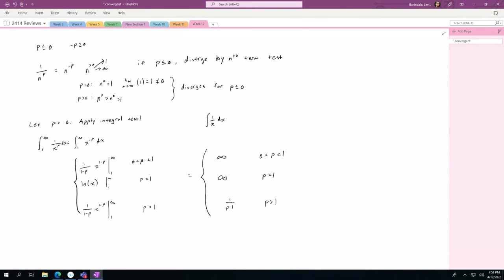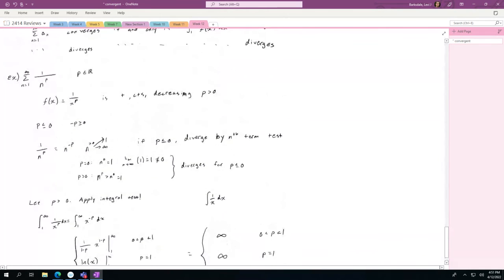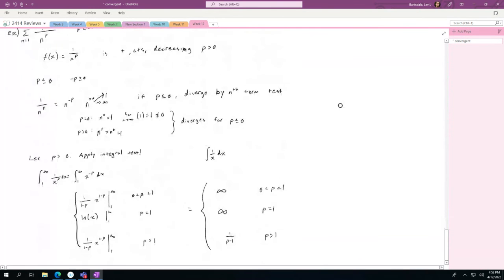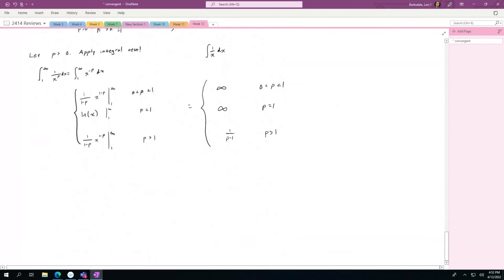And what does our integral test say? If our integral converges, then our series should converge as well, right? Which means that because our integral converged for p bigger than 1, our series should converge for p bigger than 1.